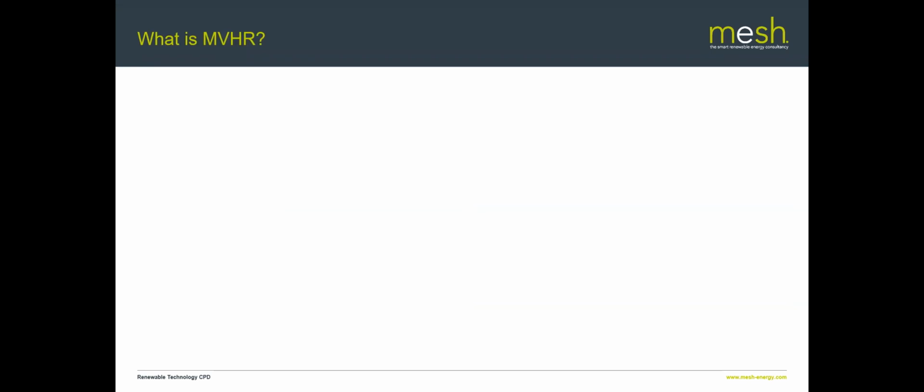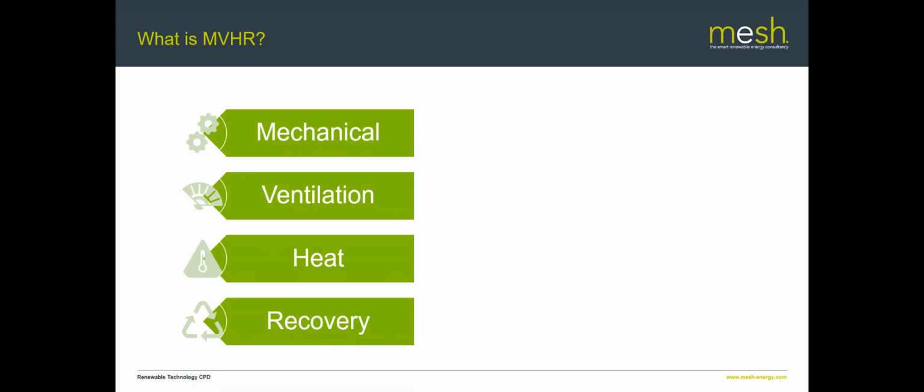Now we can crack on with the actual engineering. So let's first of all look at what MVHR is. What does it stand for? It's something that people hear bandied around quite a lot. And very simply, it is mechanical ventilation with heat recovery. As I've tried to demonstrate with these icons here, it's mechanical. It uses a big fan, effectively a couple of big fans, to blow air around the house and to suck air out of the house.